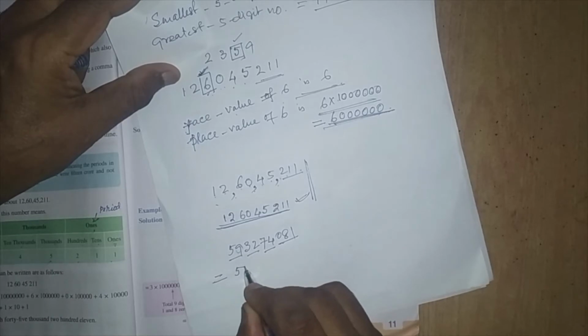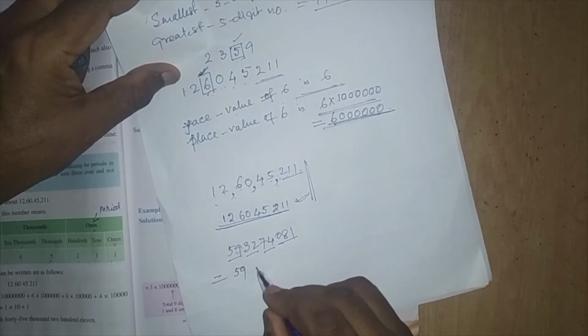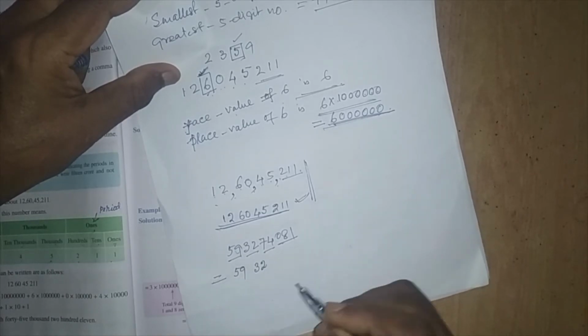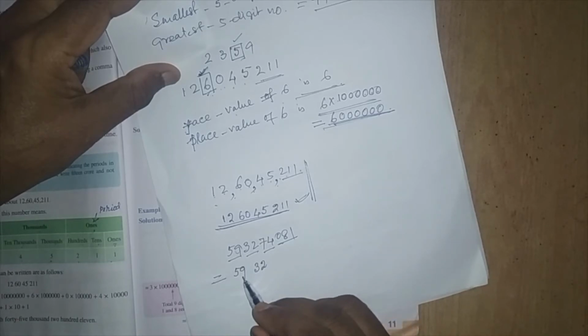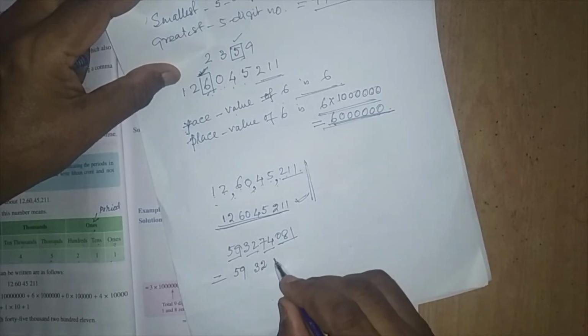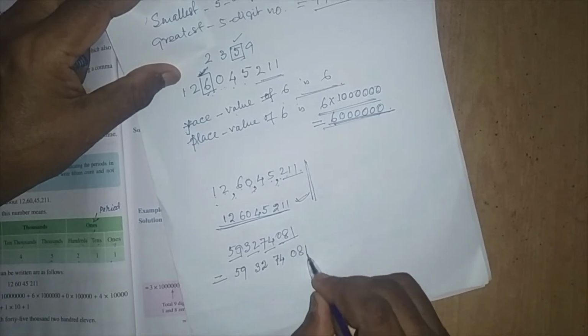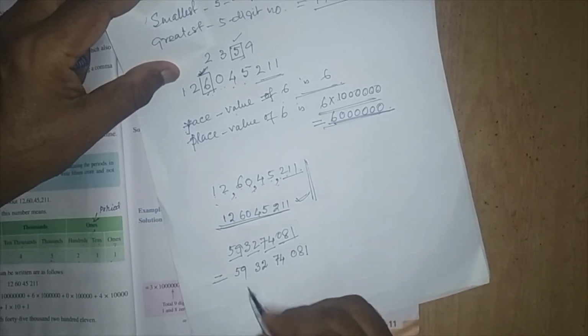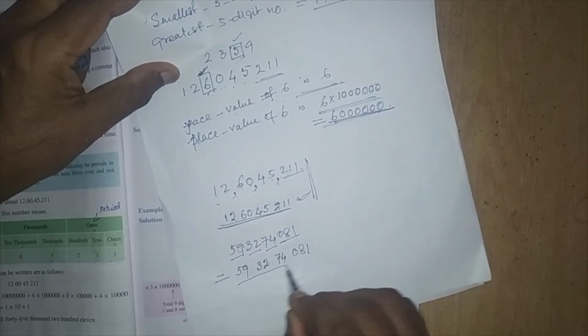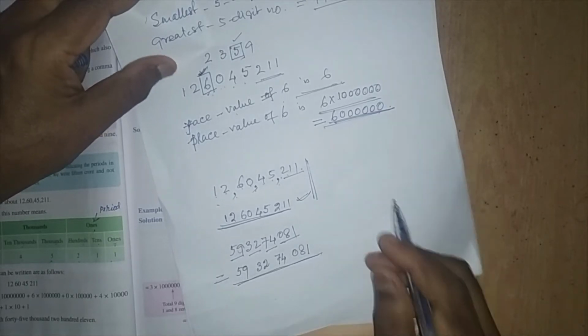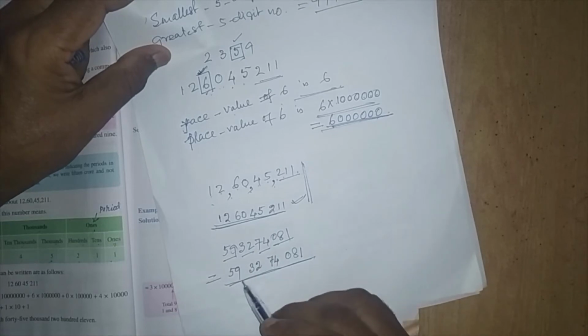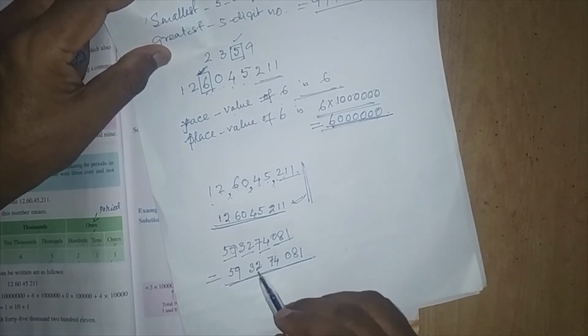So it can be written as 59, keeping a gap, 32, 74, and 081 as ones: 59 crore, 32 lakhs, 74,000 and 081. We can easily count this number by seeing the gaps, and understand which digits come under crores, lakhs, thousands and ones.